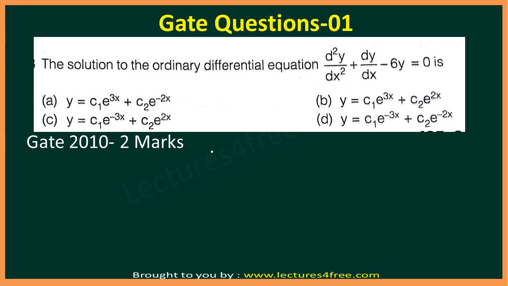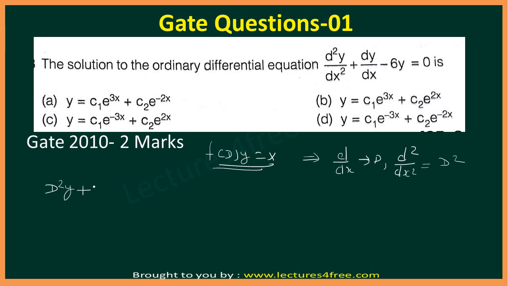To solve this question, we can convert it into a function like this: f(D)y is equal to capital X. How? By putting d upon dx is equal to D, and d square upon dx square is equal to D square. So your equation will be D square y plus D y minus 6y is equal to 0.